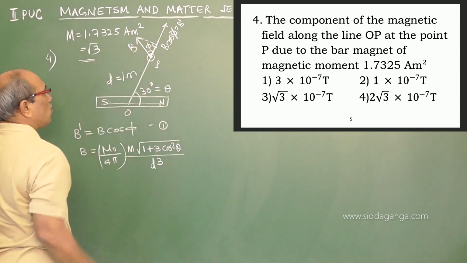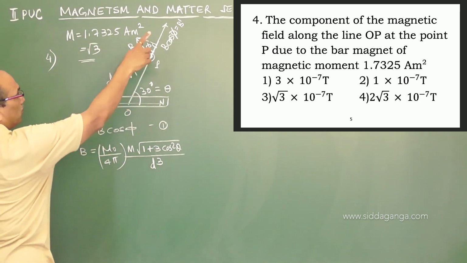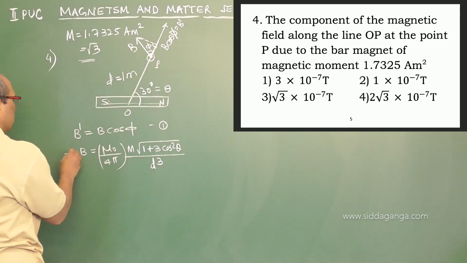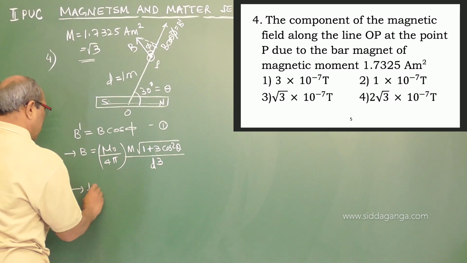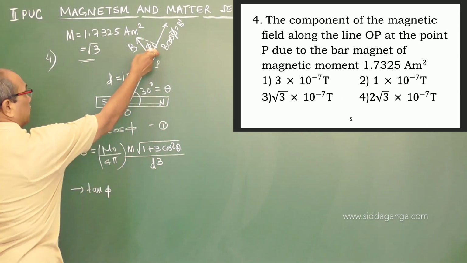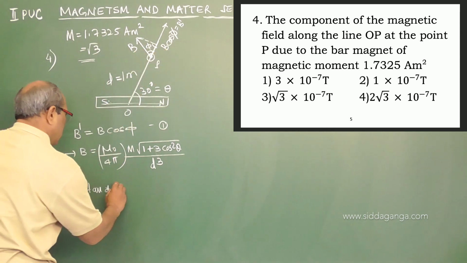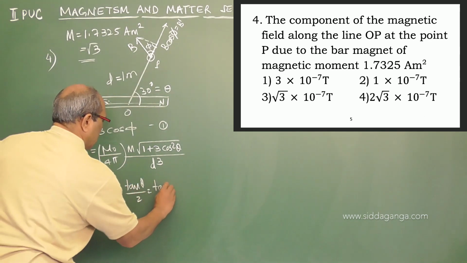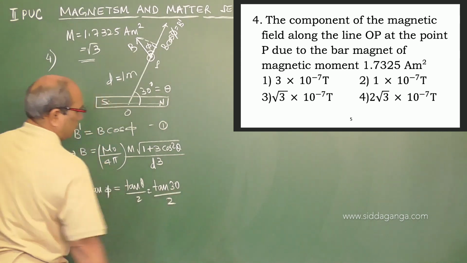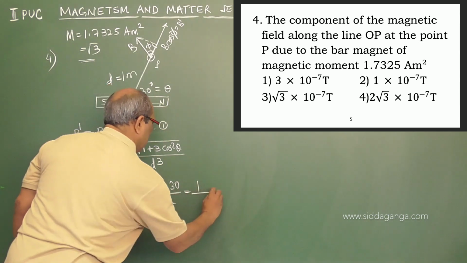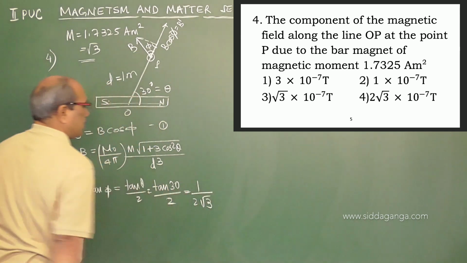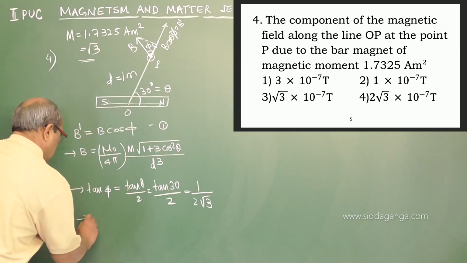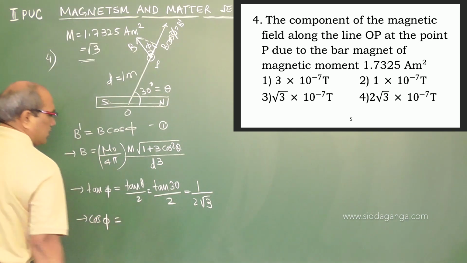But we have to find cos phi to find the component of B along OP. So for tan phi, because unless phi is known we cannot calculate. Tan phi is tan theta by 2. Tan 30 by 2 is 1 by 2 root 3, because tan 30 is 1 by root 3. Thereby finding cos phi is easier.